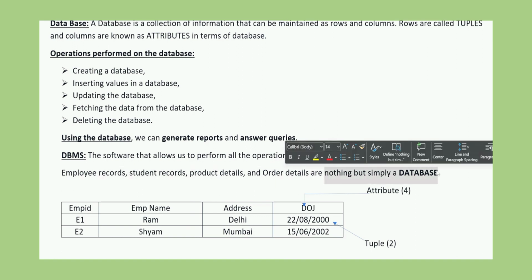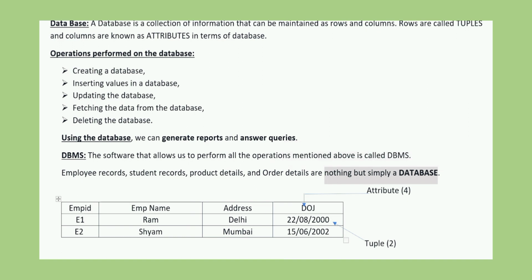A database is to maintain proper, meaningful, consistent records or information in the form of a table, that is in rows and columns. DBMS is the software that allows us to perform all the above-mentioned operations properly.